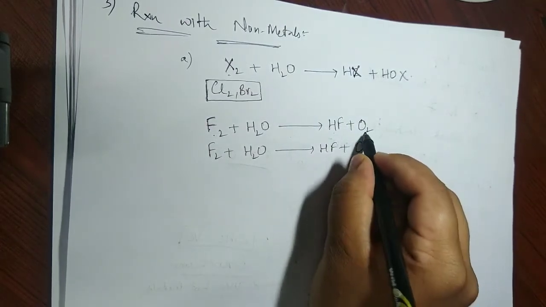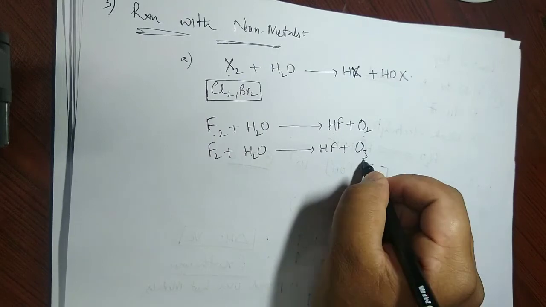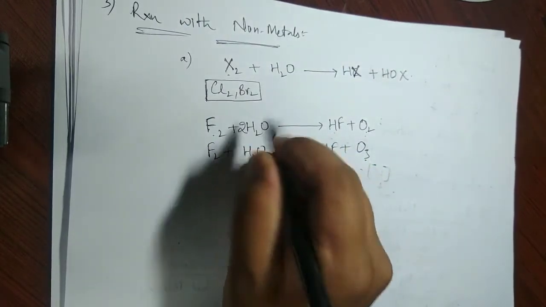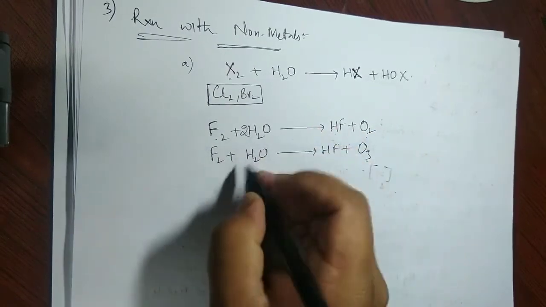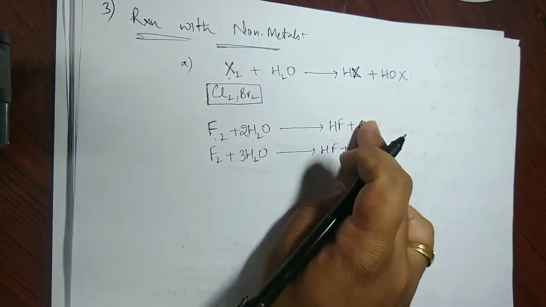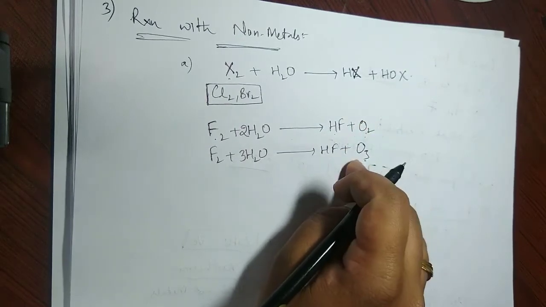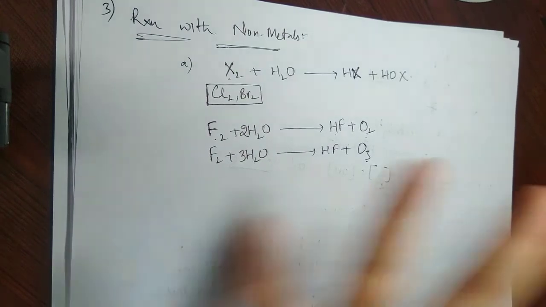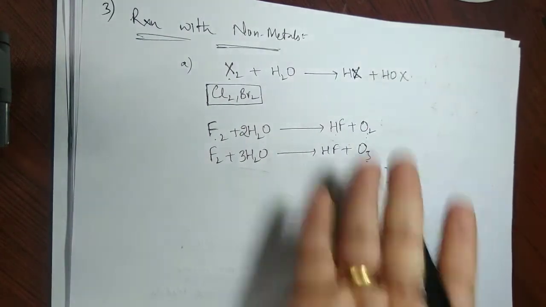Sir, when will it form O2 and when will it form O3? It all depends upon the amount of water I am taking. If I take 2 moles of water, surely oxygen. If I take 3 moles of water, surely ozone. If I take huge amounts of water, then both are formed.